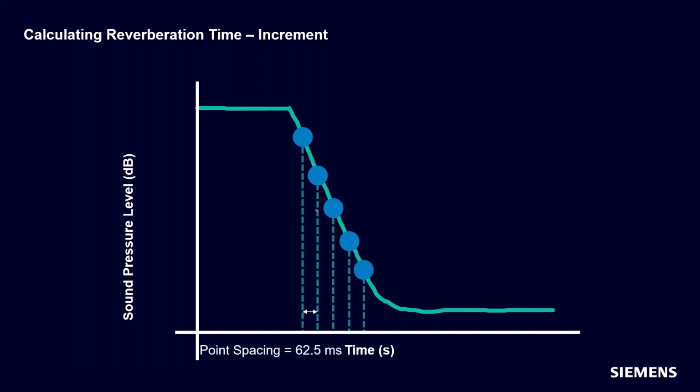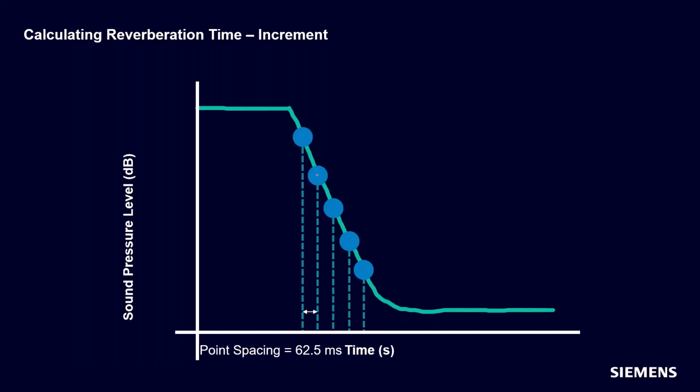The distance between these data points in time is this increment. And a value I've used often, so I'm just including it in this presentation, this obviously will not work for all instances, is 62.5 milliseconds.